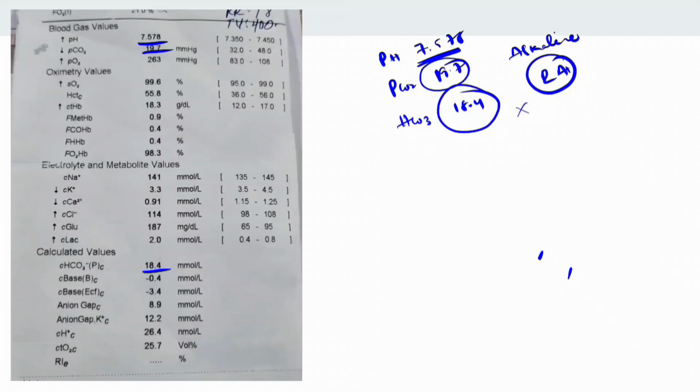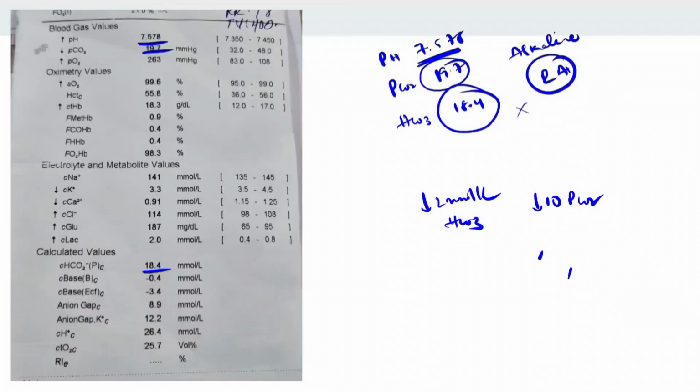Next we need to find whether it is compensated or not. The compensation here is that for every 10 decrease in PCO2, there will be a 2 millimole per liter decrease in bicarbonate.